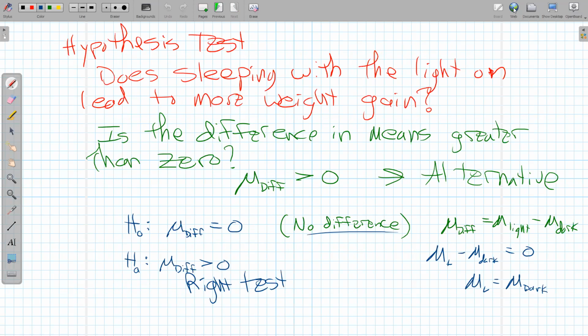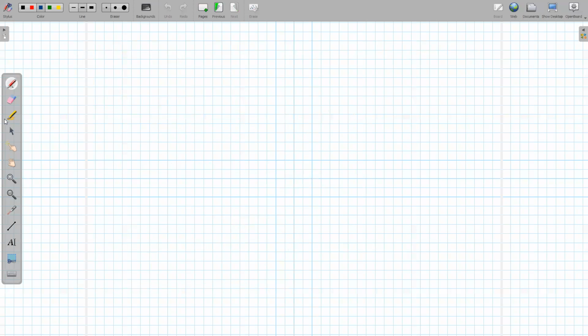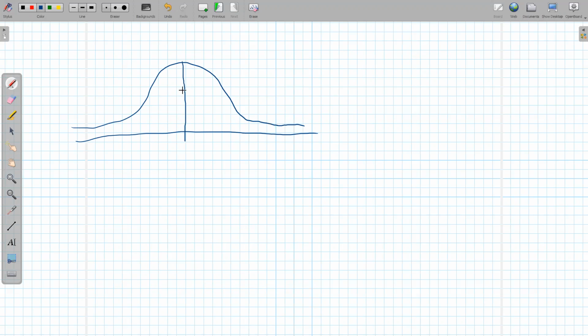And I am running out of room, so new page. So I draw my best bell-shaped curve. Alternative is taking a screenshot of StatKey. And so here in the middle, I have my difference of 0.